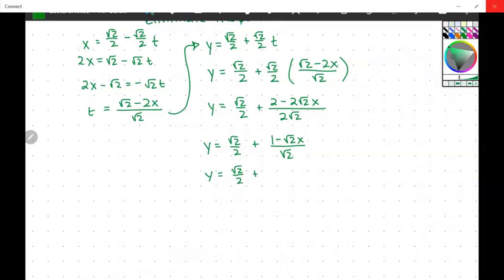I'm going to split the fraction up. So we'll have 1 over root 2, but that's the same thing as root 2 over 2. Minus root 2x over root 2. So the root 2's cancel. Oh, this is just root 2 minus x.